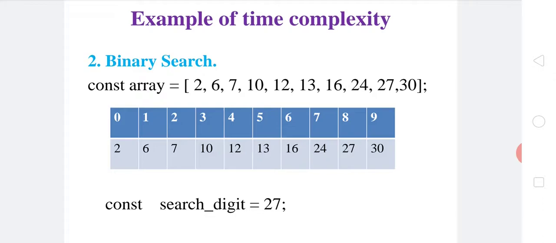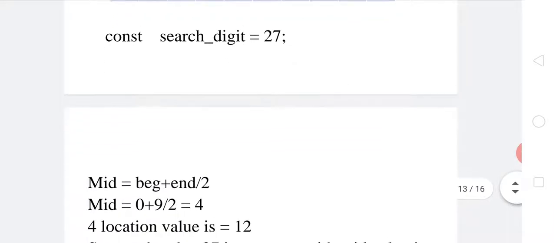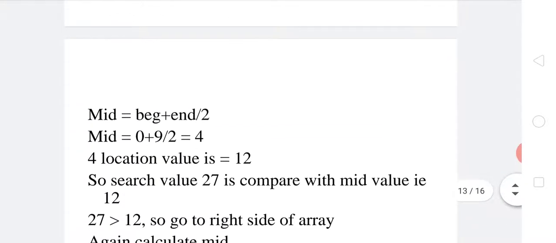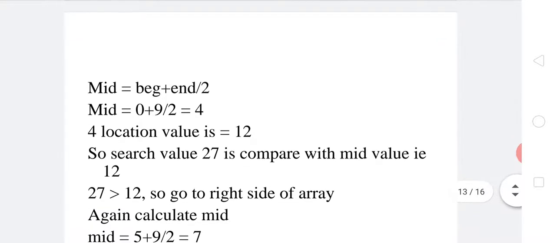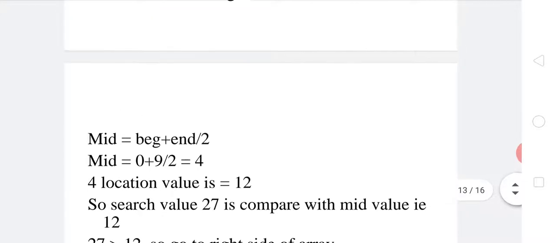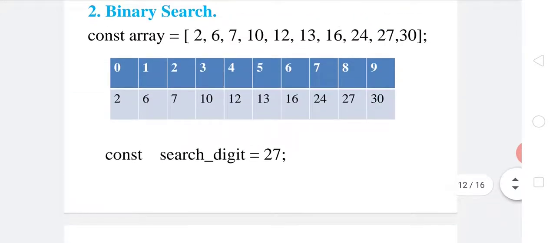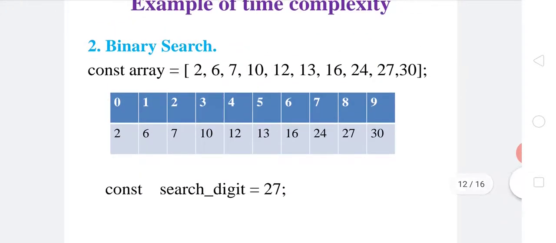Beginning value is 0 and end is 9. 0 plus 9 divided by 2, then we will get the mid value. Now mid value is 4. Index 4 of the array contains the value 12.